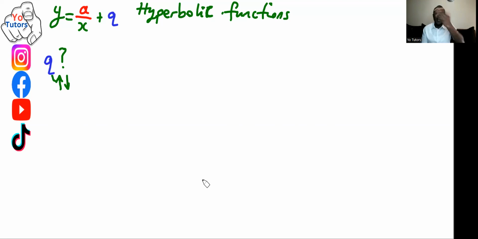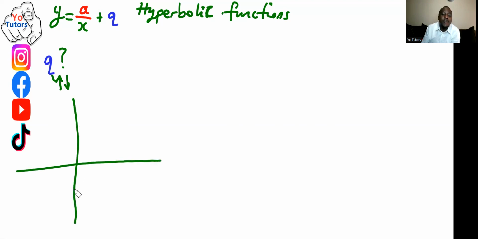Are you understanding? Okay, now let me explain this to you. If your q is negative, we are moving our graph down. So when you move the graph, let's say we move it by q units up.